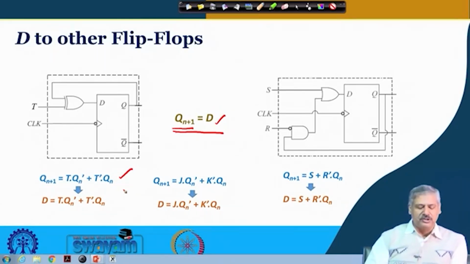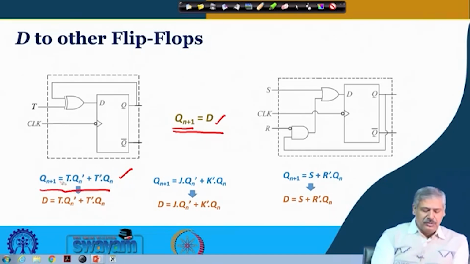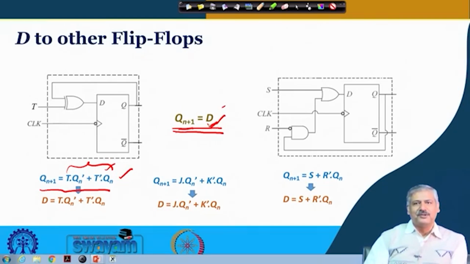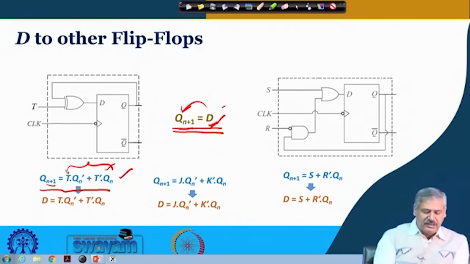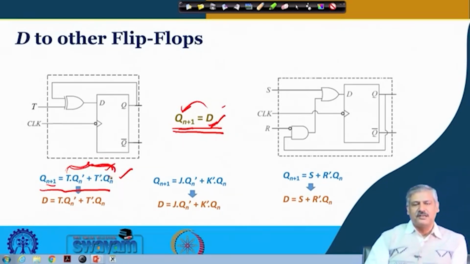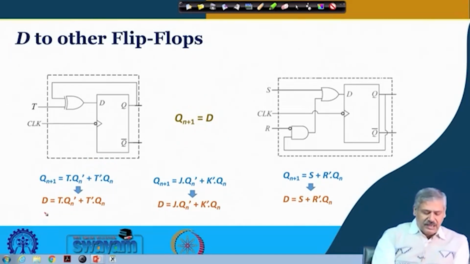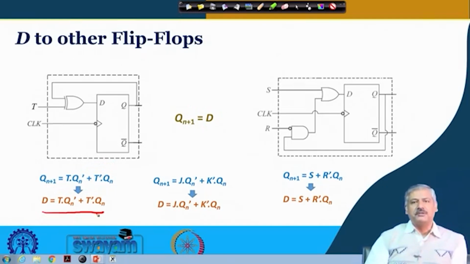If you look at this equation, and Q n plus 1 is equal to D, then if we feed T Q n prime plus T prime Q n as D, the D flip-flop at the next clock instant will take that value at the output Q n plus 1. Is it clear? So, simply we can write D as T Q n prime plus T prime Q n.